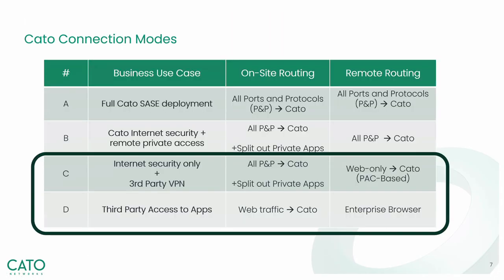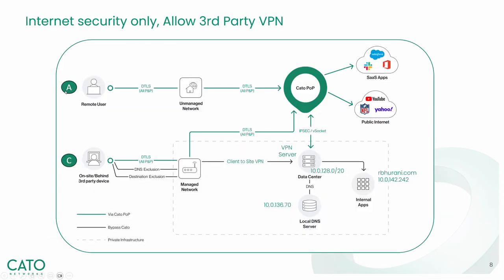All right. So I'll take number one here, internet security only plus third-party VPN. Okay. So here what you see is normal, all traffic to the POP. That's where it will send it out to the internet, private access, or to SaaS applications, depending. Okay. But think of this scenario, which is the topic, where this machine initiates a connection to a public internet or SaaS application that goes to Cato.